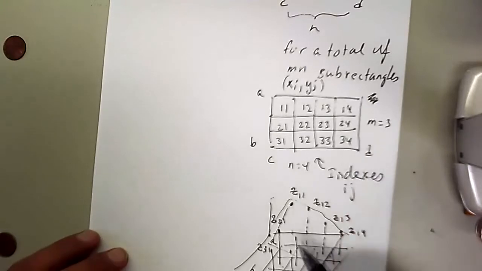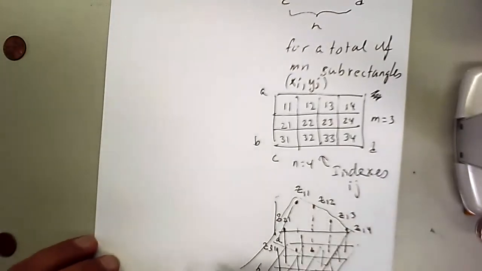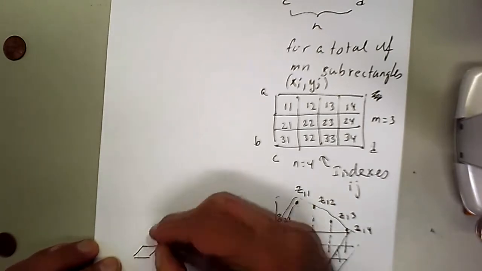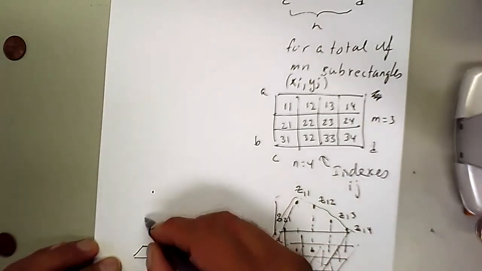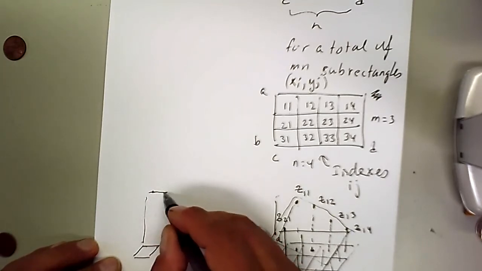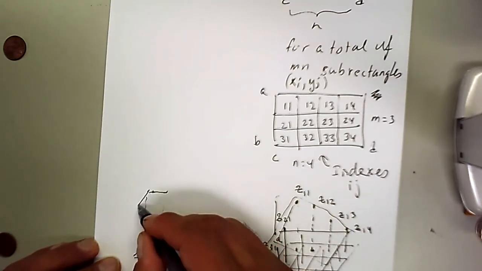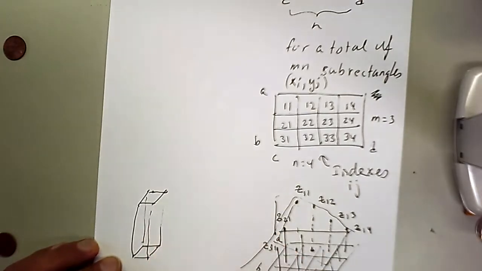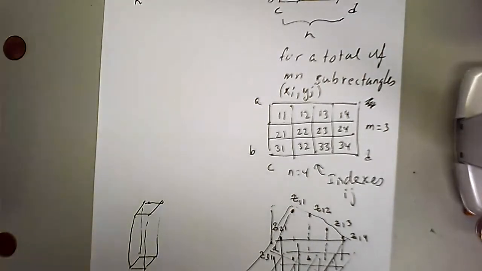So it makes sense to now use volumes. So for each one of those sub-rectangles, we're going to have an output, and we're going to build a column, as opposed to a rectangle.